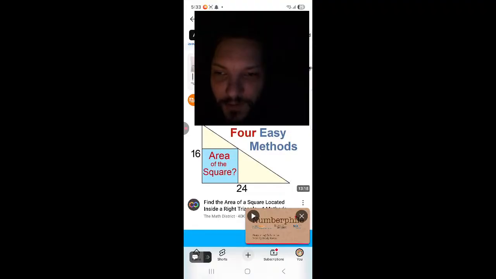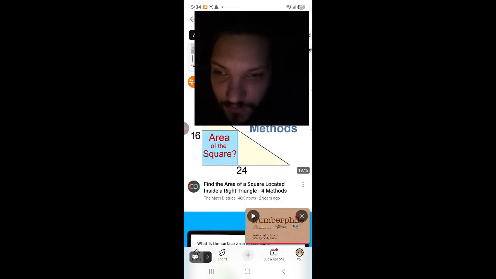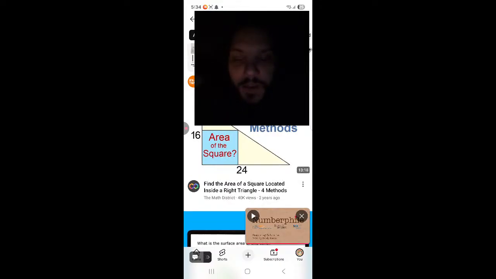So, I mean, as good as it was, this is the other thing. So find a square located inside of a right triangle. Again, the other one wasn't a right triangle, was it? Actually, I think it was. The difference is, this is an obvious right triangle transformation.